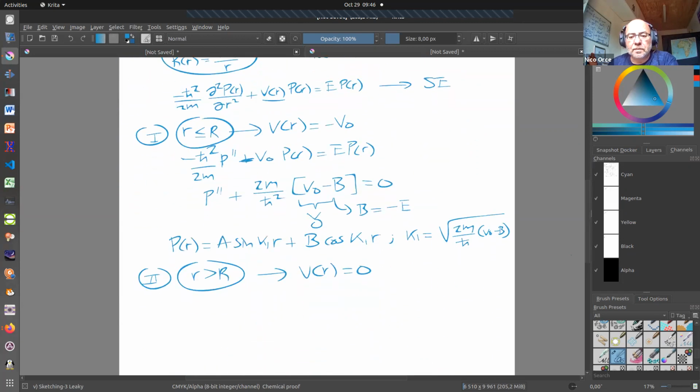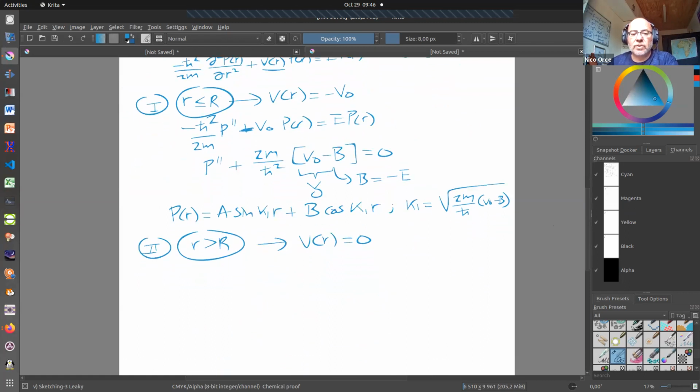So this has a different solution, but it is similar also. We have the same h bar squared over 2m P second derivative. Now this is 0, right? So this is just minus E P is equal to 0, right? Always this is P(R) and this is P(R).